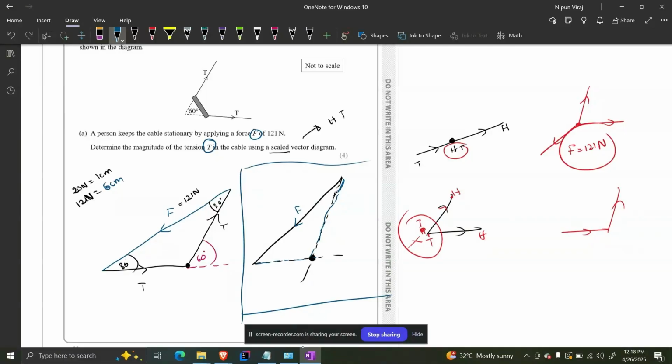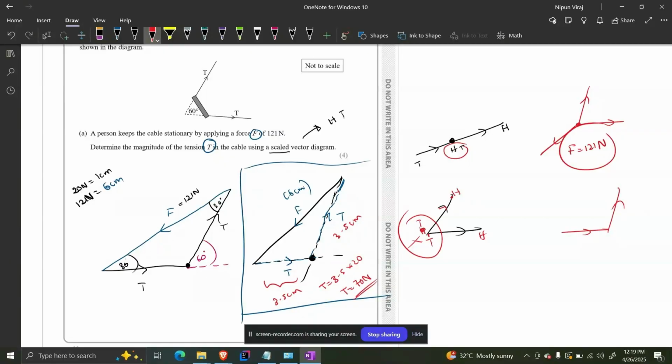You can mark this F, it will be 6 centimeters, and then you can get this T, and here also there will be another T. So when you calculate the distance, you will get something like 3.5 centimeters for this. Then T is equal to 3.5 multiplied by 20, because 1 centimeter represents 20 newtons, so T will be 70 newtons, somewhere close, right?